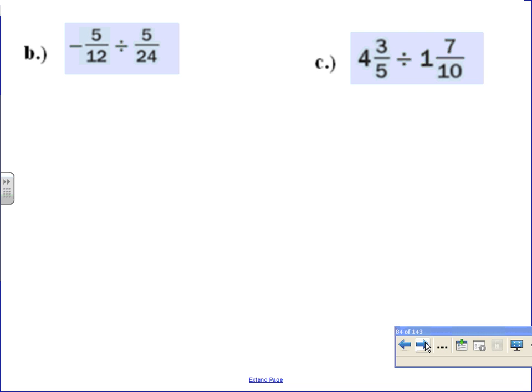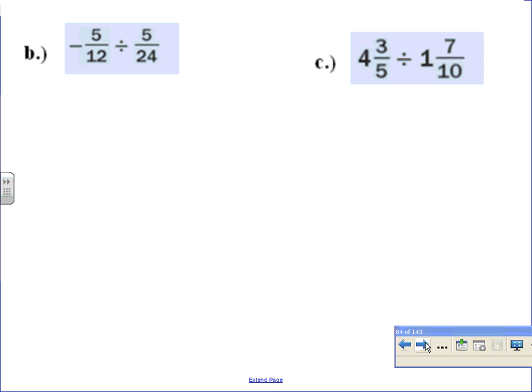Keep, change, flip. The other one's right. Negative. That should be negative though. That's not right. This is not 12. It should be 23. You converted wrong. Awesome. Is that a 10 or a 10? Change that. That needs fixed. That's right. All right, you guys are done, so let's go over these.